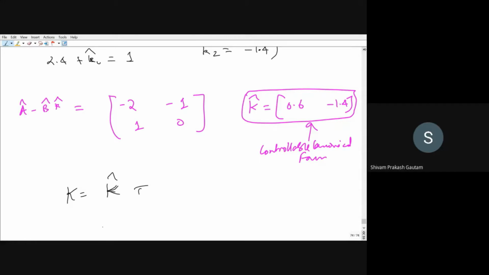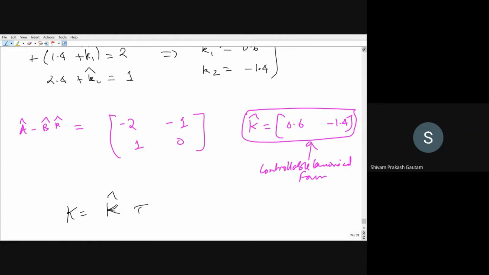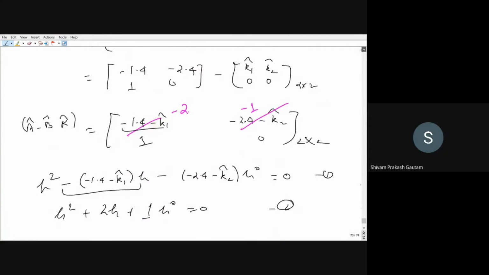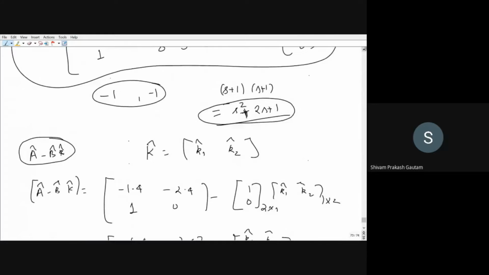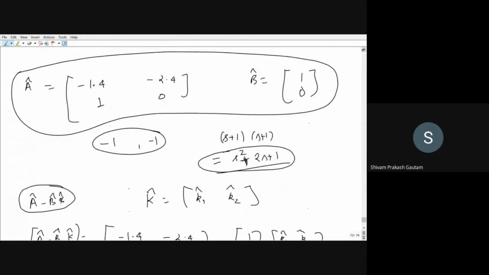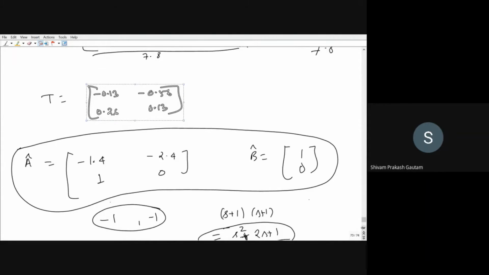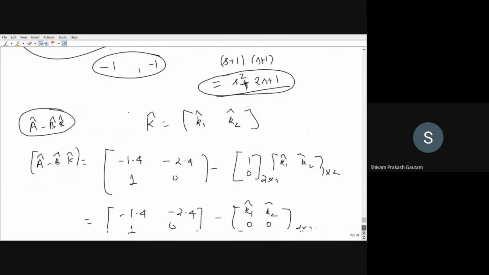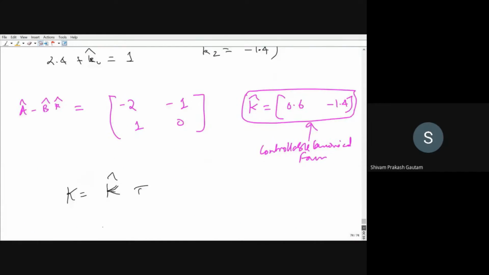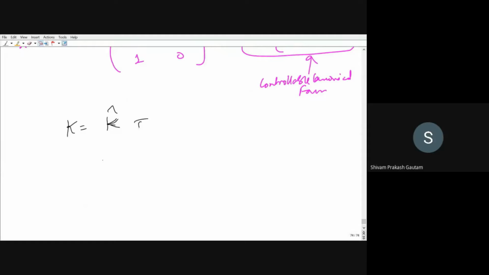So what is the T matrix? Now you have to use the T matrix. So this is your T matrix. Let me just copy it. That will be equal to this T matrix.